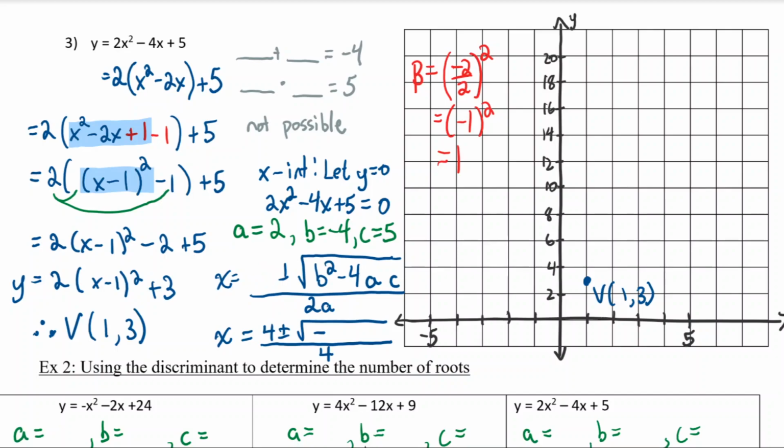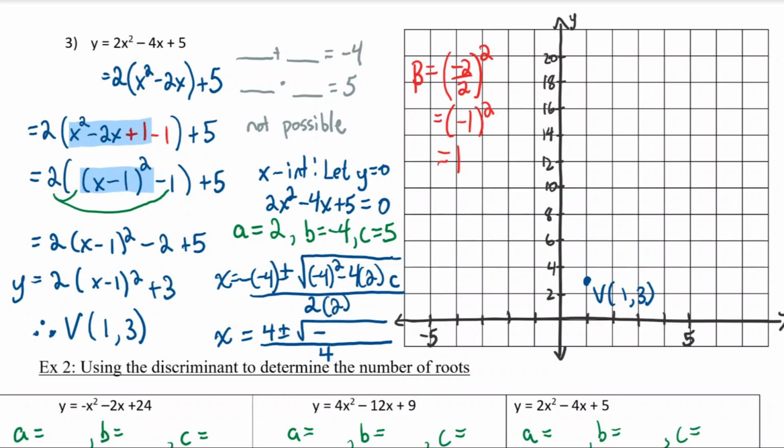So b is negative 4, so I have the negative of negative 4. I also have to put my b value in here, so I've got negative 4 squared. My a value is 2, here and here becomes 2.